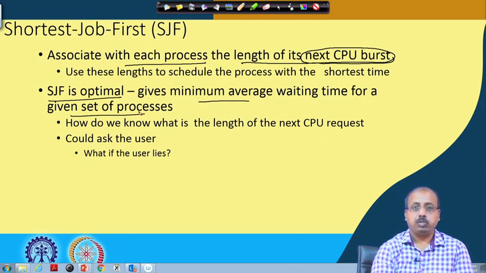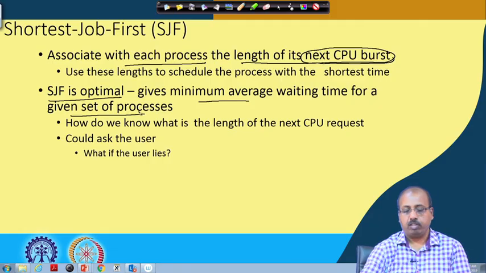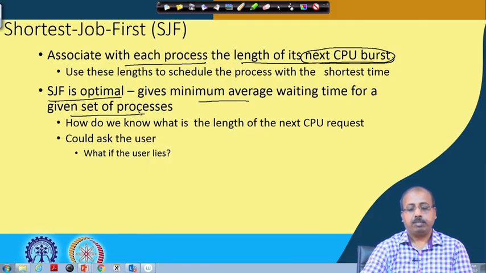This is a big issue, and one possible solution is to ask the user: whenever a process is submitted, what is the size of your next CPU burst? That is difficult for the user to answer, and at the same time, the user, to get a benefit from the system, may tell a value which is much less than the actual one.